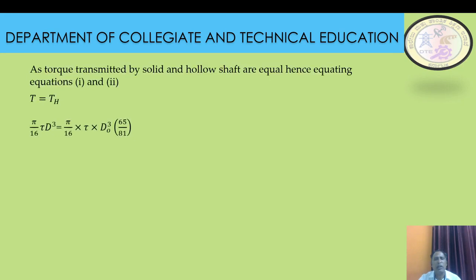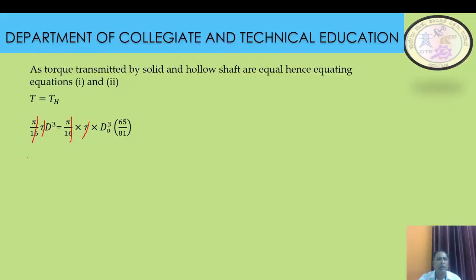As the torque transmitted by the solid and hollow shafts is equal, equate equations 1 and 2. So T equals Ts: pi by 16 tau into d cube is equal to pi by 16 into tau into DO cube into 65 by 81. The pi by 16 cancels with pi by 16, and tau cancels with tau.